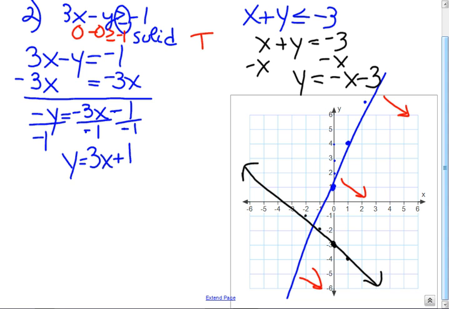It's either going to be above it or below it. Put in 0. Is 0 plus 0 smaller than negative 3? No. So this does not work, so we're going to go this way. Where's the region? There's the region with 2 arrows. If you were to zoom out on it, you'd see 4 spaces there. Maybe skinny, but they're there.